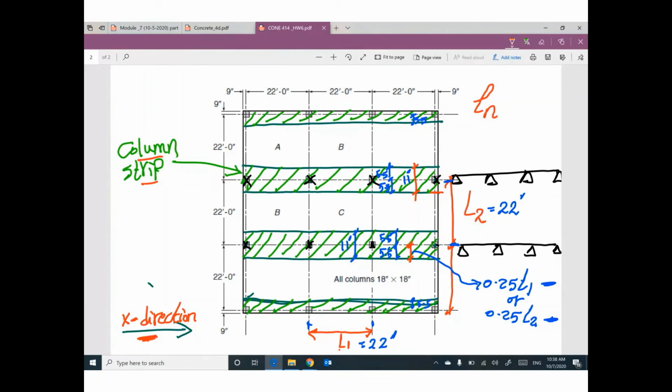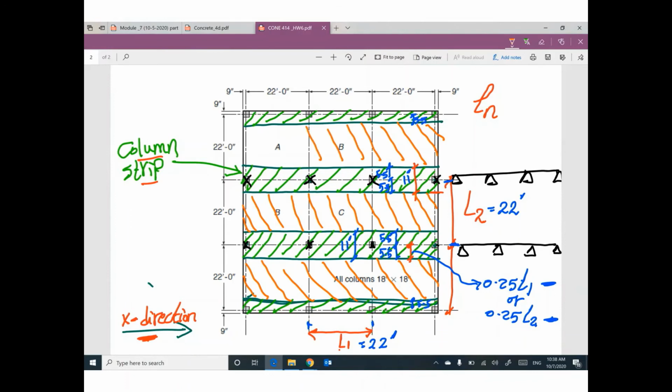So this strip, the remaining distance, you don't need to figure out because they will pop up alone. These red strips can be called middle strip.